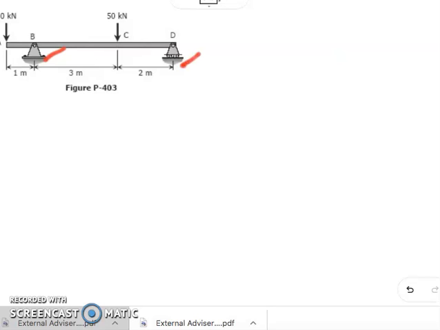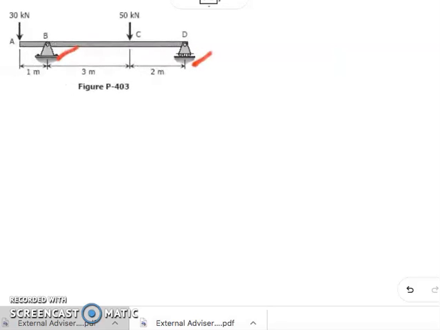So we're going to get the shear and moment diagram. And of course, we have to identify the shear equations, shear force values, and moment values.